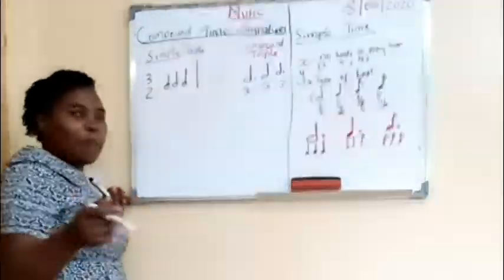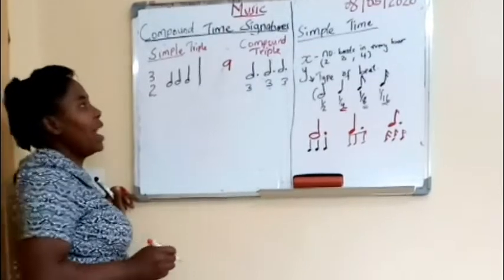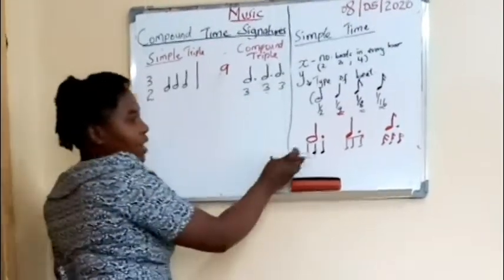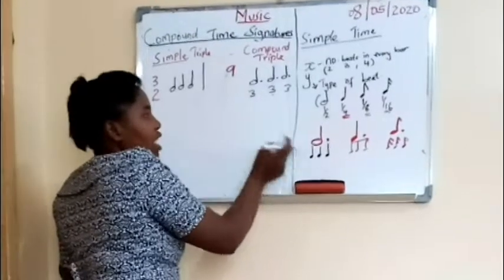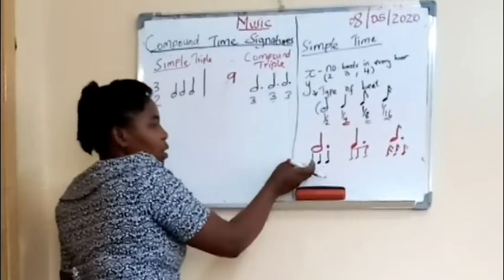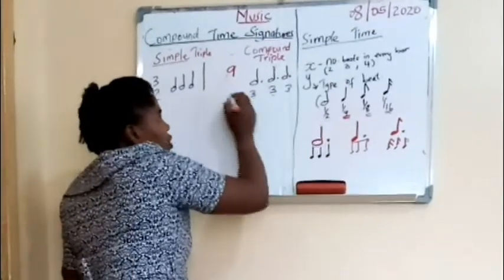So for the triple, it will be 9. 9 what? It breaks itself into 3 crotchets. So the main beat here will be crotchets. So 9, 4 for the crotchet.